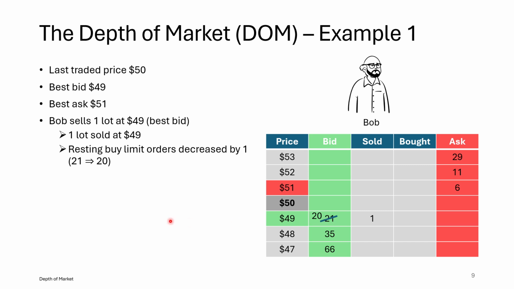And this is exactly what Bob is doing. He sells one lot at the price of $49, and as you can see here, the resting buy limit orders are decreased by 1, so from 21 to 20, and here you can see 1 appears, showing that one lot has actively been sold into this price level.